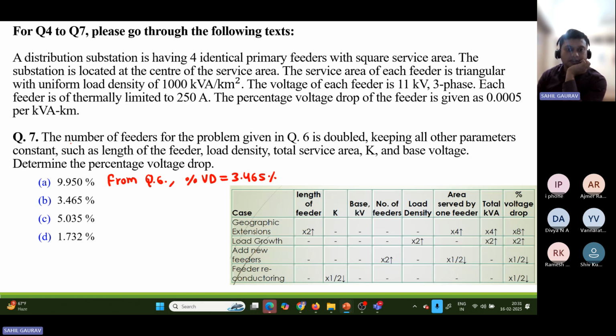Now they are saying that the number of feeders is doubled and other parameters are constant. So find the percentage voltage drop.